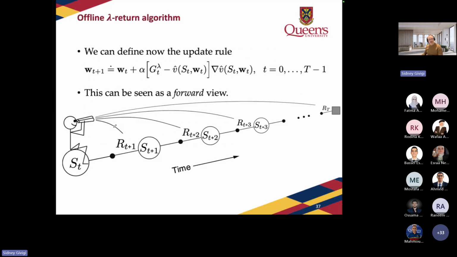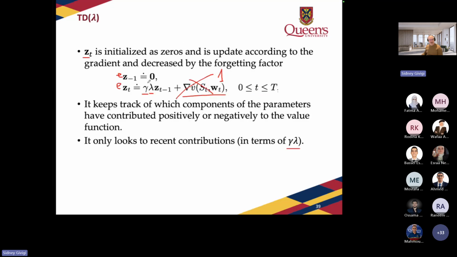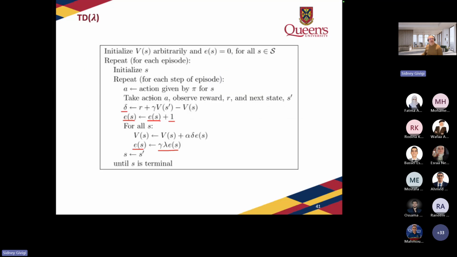The reason why this is actually not easy to implement is because we are looking at the future, right? So we have to wait for the future for us to do the update. In this case here, because we are using this information here, this particular algorithm, we are actually technically looking at the past. We are not looking at the future.